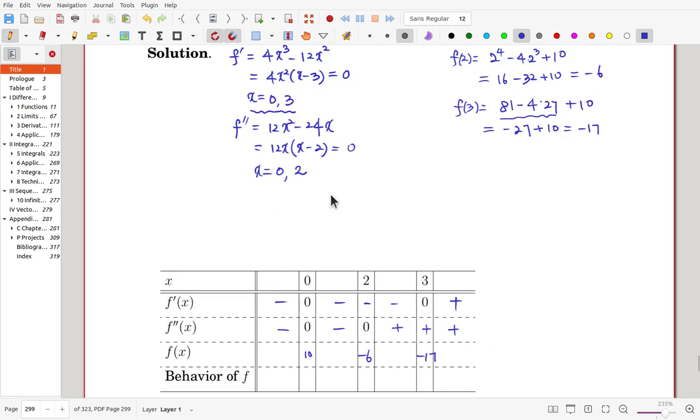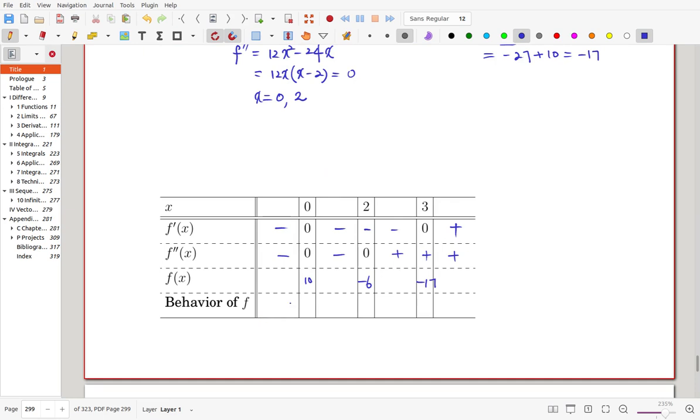So we can make a sketch like that: it's going down, but concave down. And again here, going down, but concave down.